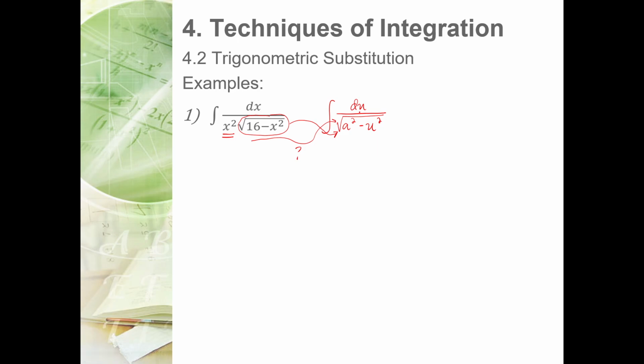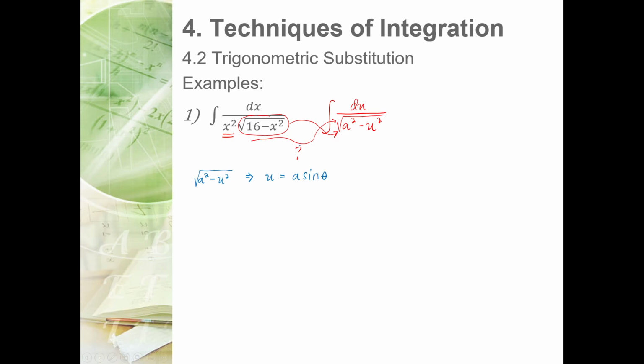So this is the time that we can utilize the technique of trigonometric substitution. So in doing so, let's try to change color first. Again, as per formula, for the square root of a squared minus u squared, u is equal to a sine theta.